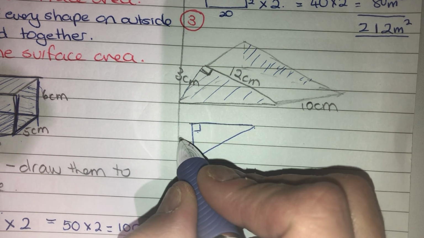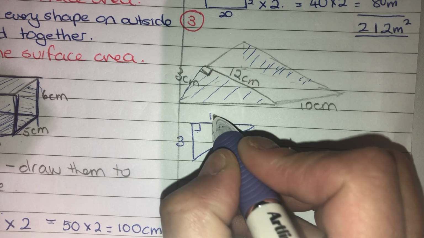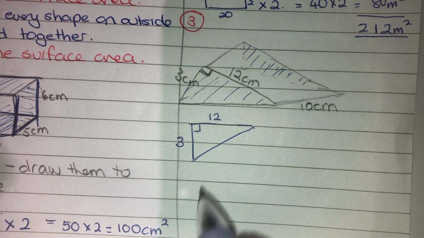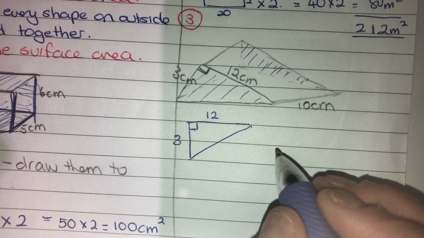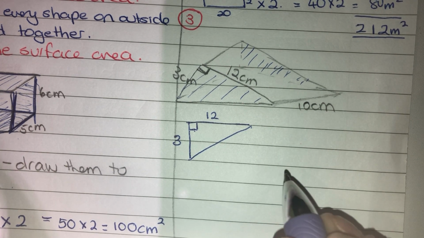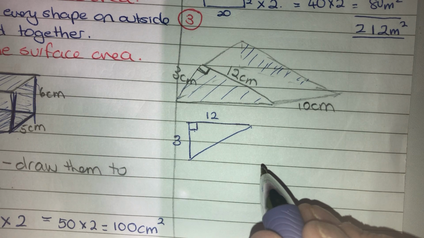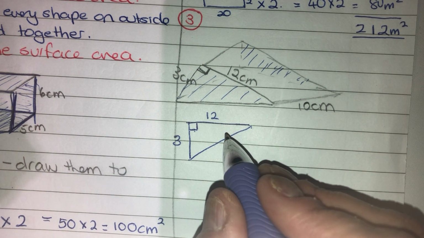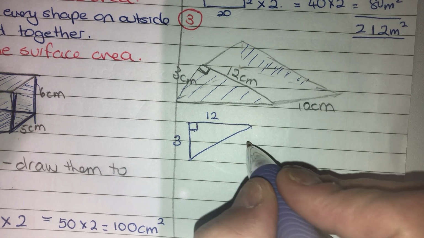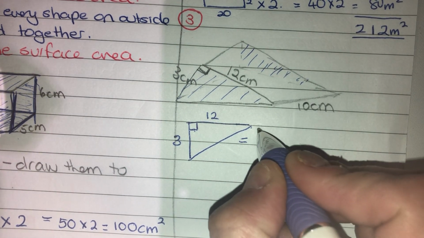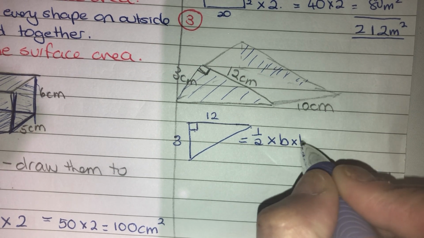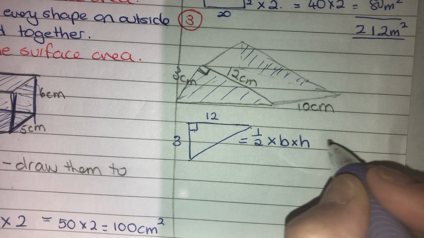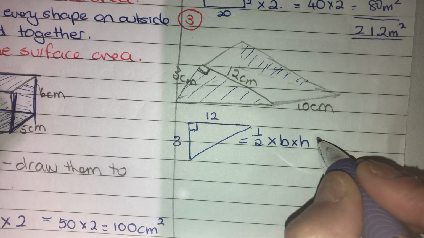All right, so on the side here I've got 3 and 12. And remembering, this is a little bit more difficult because we have to work out the area of a triangle, and then we're going to have 2 of them. So hopefully you all remember that the area of a triangle is half times base times height. And then when you get that answer, that's for one triangle, but we've got 2.